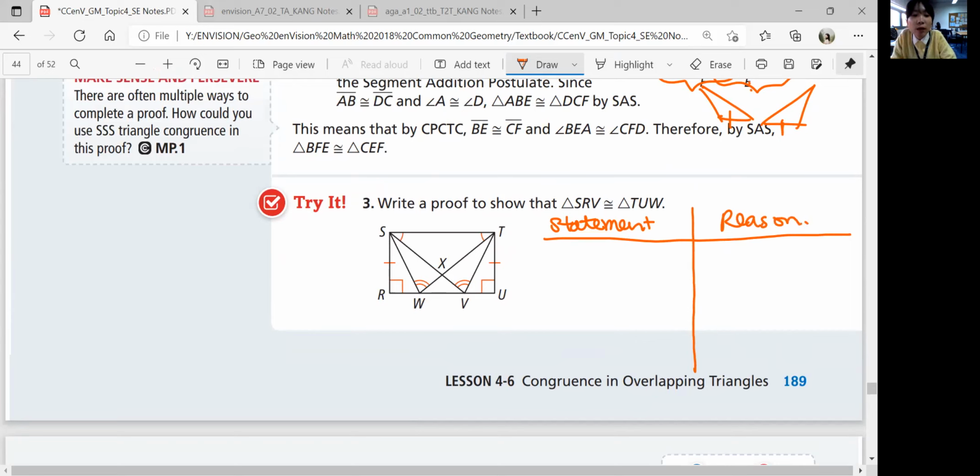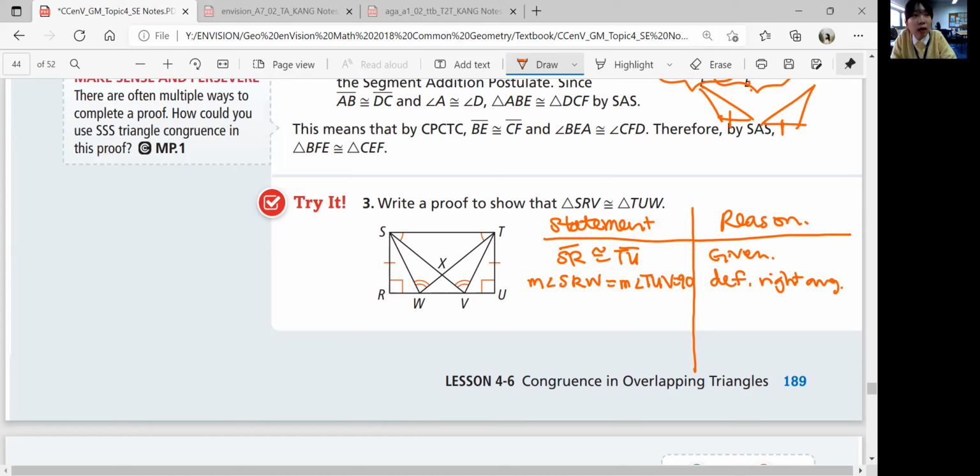Okay, I'm going to start with the given information. SR congruent to TU, given. And SRW and TUV are right angles, right triangles, so definition of right angles by given information.